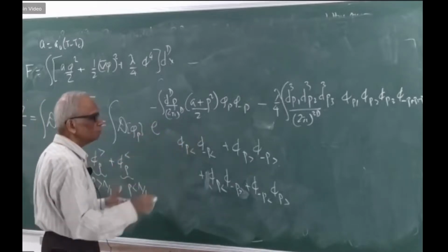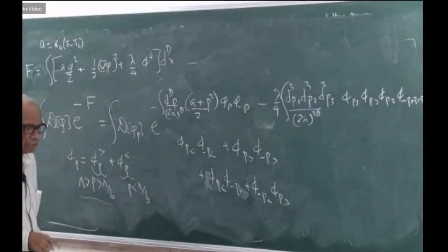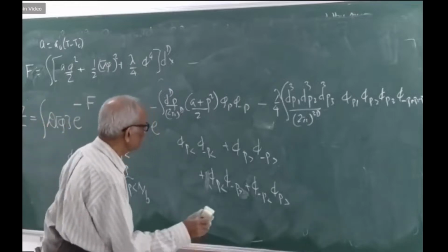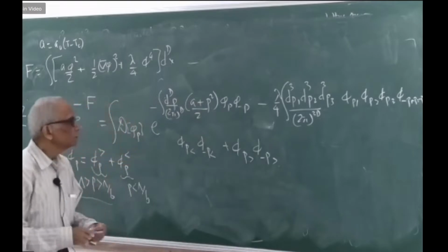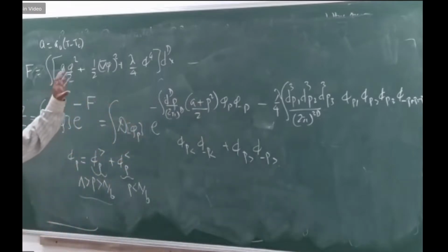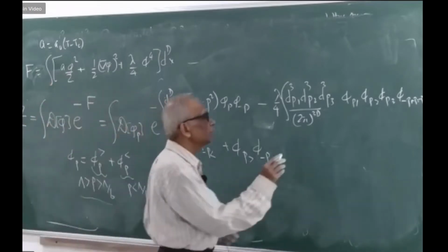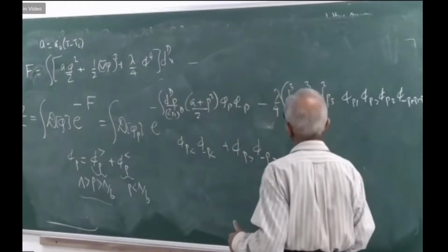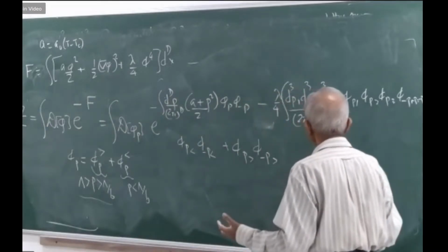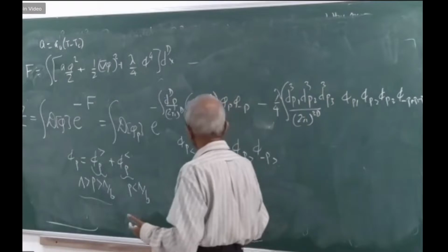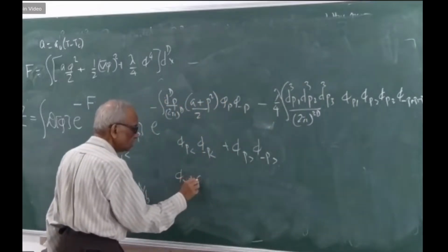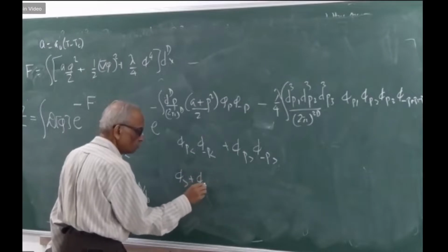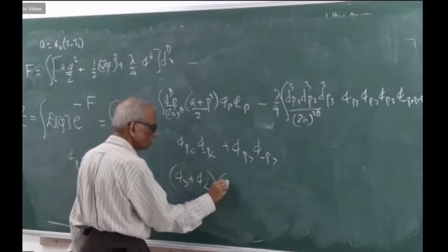There is nothing to worry about. But things become problematic as soon as I go to this term over here. I'm going to have terms which are phi greater. There are 4 terms of this kind.